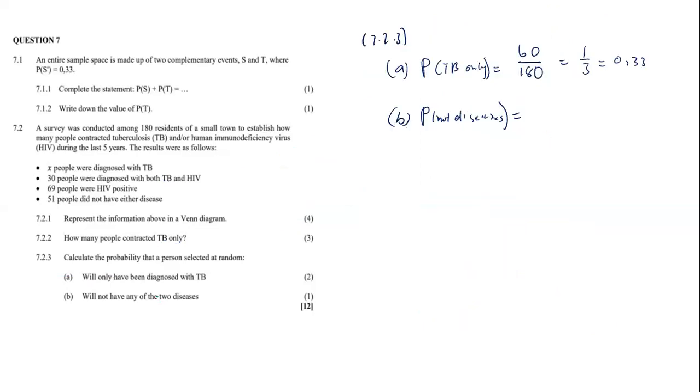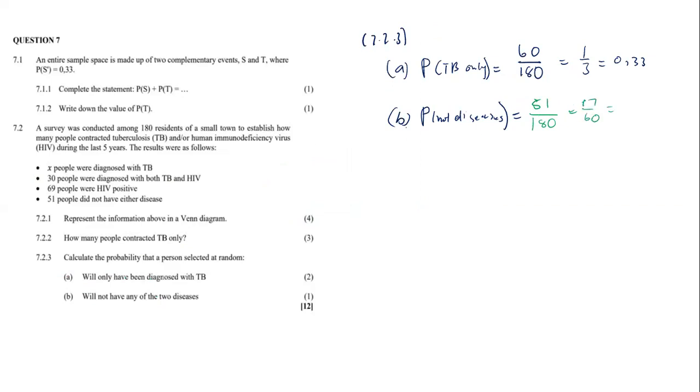So they want us to determine the probability. It's going to be 51 over the total number of residents, which is 180. So 51 divided by 180 is 17 over 60.